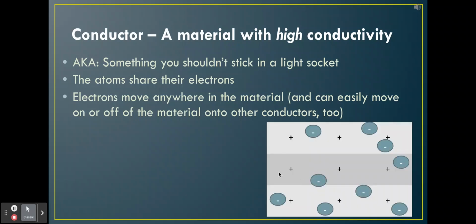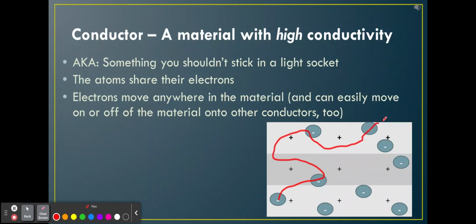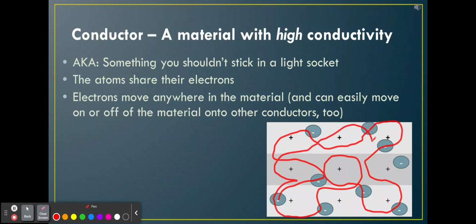So we've got that same sort of idea where we have, let's call this a sheet of metal, and we have all of these electrons, and this electron can just move anywhere along here, right? It's not restricted in the same way that the other one was. Okay, right? It can go anywhere.